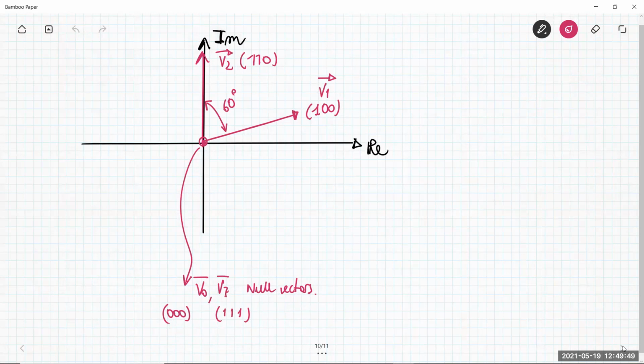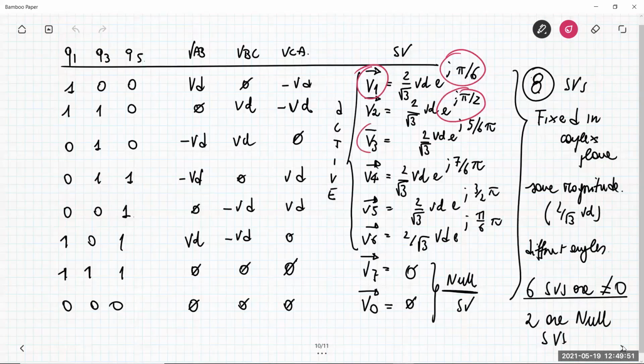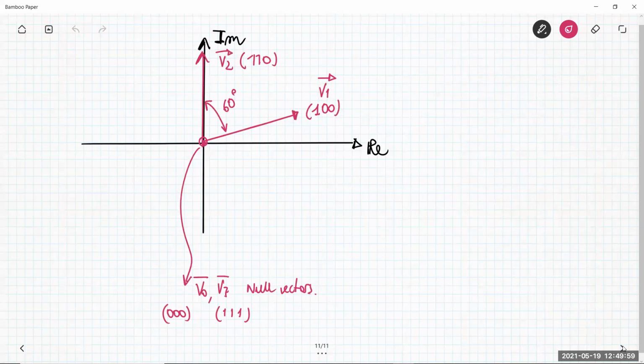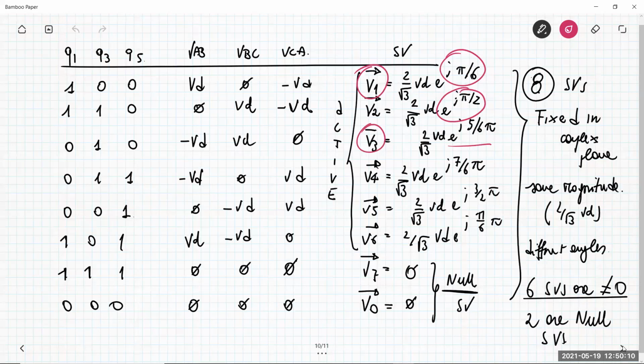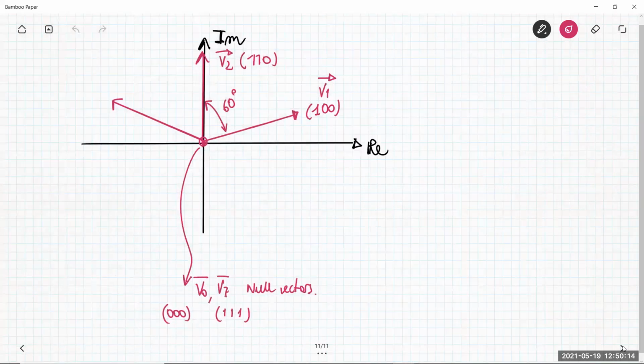Then you have V3, which has this angle here. This angle is 5 pi divided by 6, which is 150 degrees.